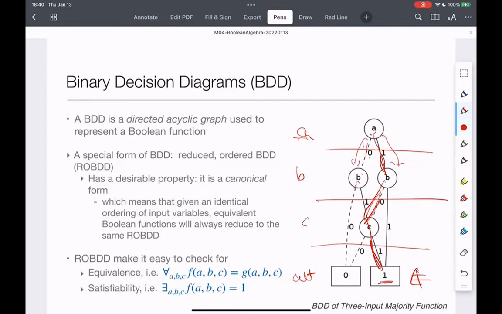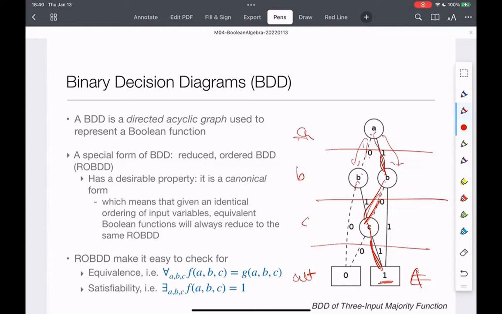Think about equivalence. If I give you two Boolean expressions and I ask you, are they the same? I'm really asking, for every input, do the two expressions give answers which are the same as each other? So how might you do it? One way to show two things are equal is to find a way to transform the first one gradually into the second one.